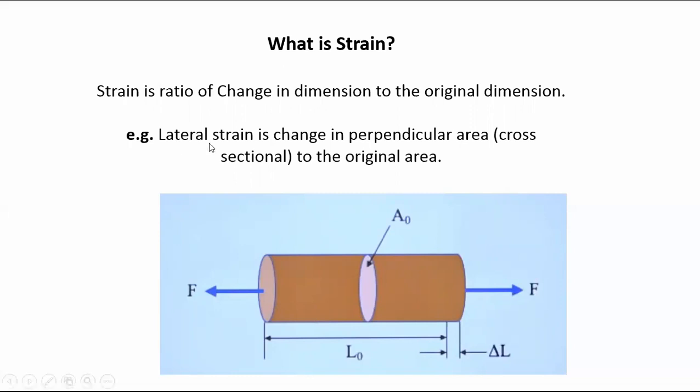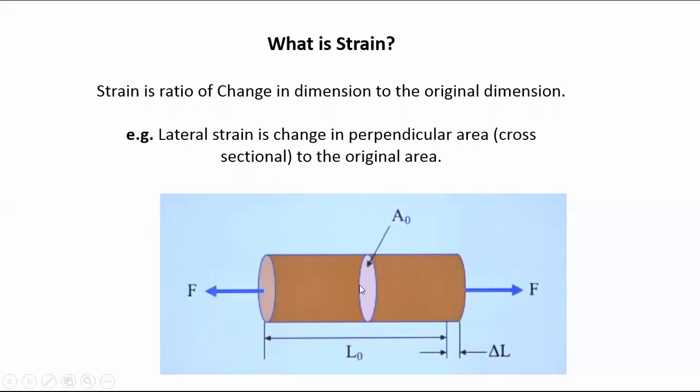For example, transverse strain or lateral strain is the change in the area, actually the cross-sectional area perpendicular to the force. Yes, it is a little mistakenly written.